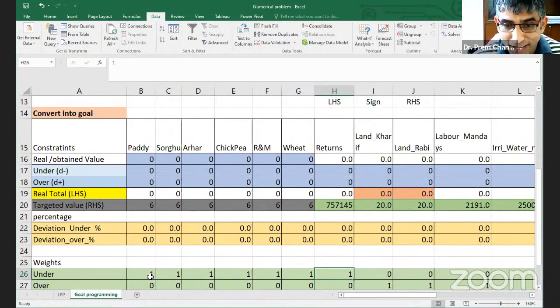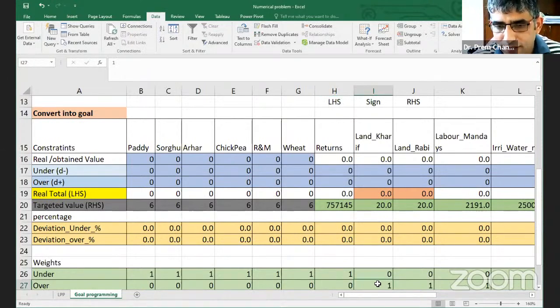I want to give more weightage to minimizing my underachievement. In other words, I am giving less focus on overachievement. So 0 means if it deviates over, no problem, it won't come into the function.